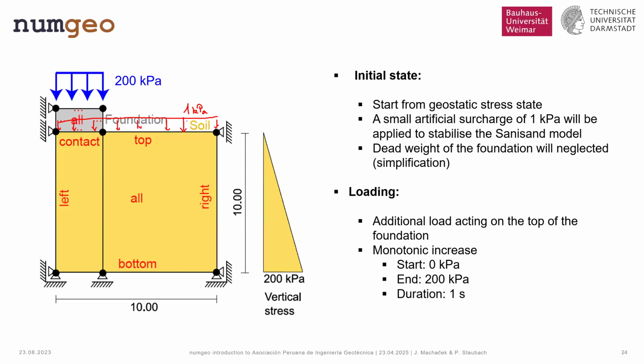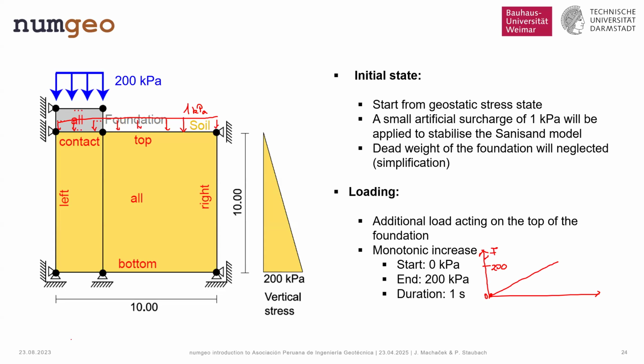Then in terms of the loading, we will add the load that is shown here with these blue arrows, so a load of 200 kPa. And we will apply that load gradually, so monotonically increasing, in a way that at the beginning our load is 0, and at the end of the step we are reaching a value of 200 kPa, acting downwards, so pushing on the foundation.